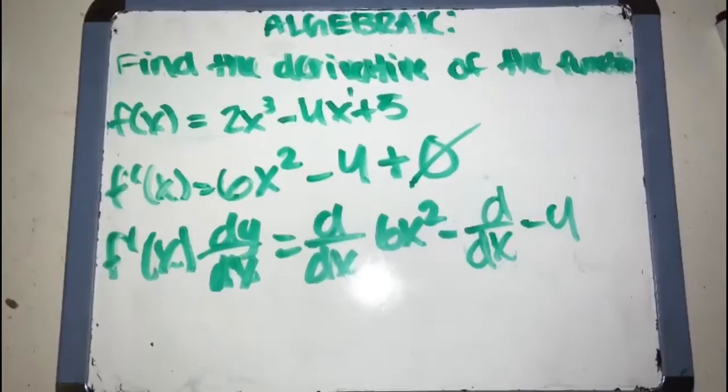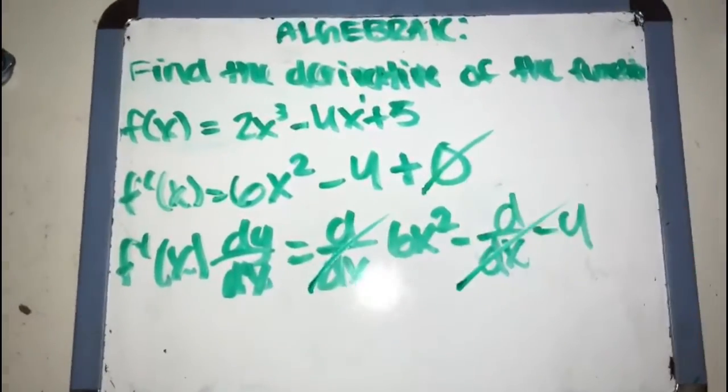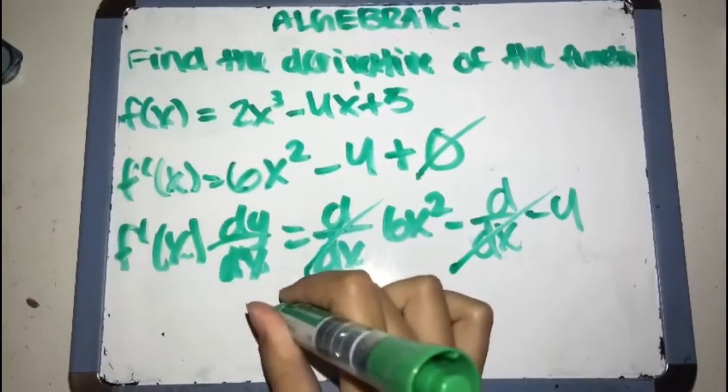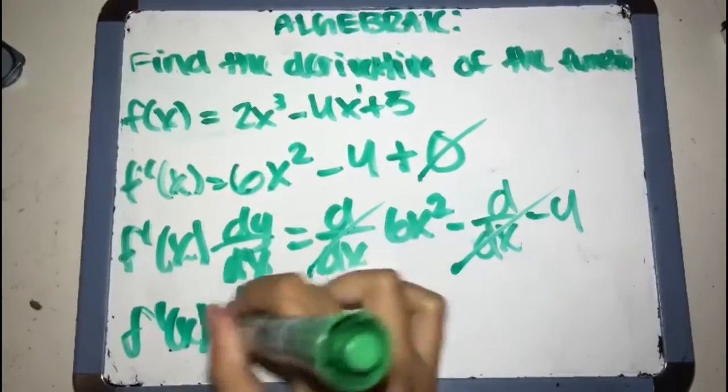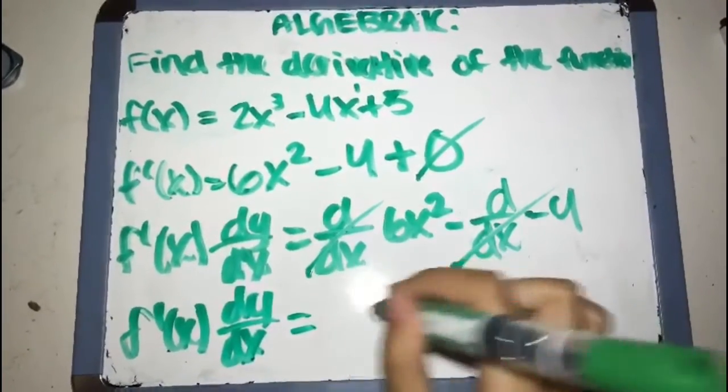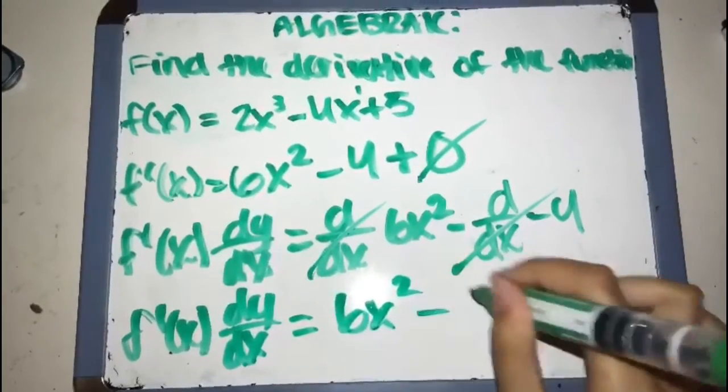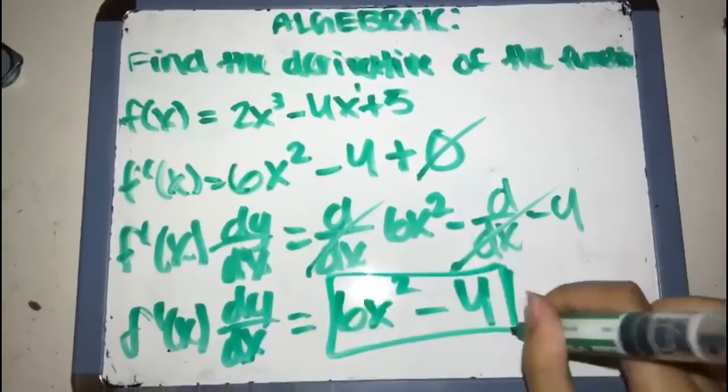So if you simplify this, f prime of x, dy over dx, is equal to 3x squared minus 4, and this will be your answer for this problem.